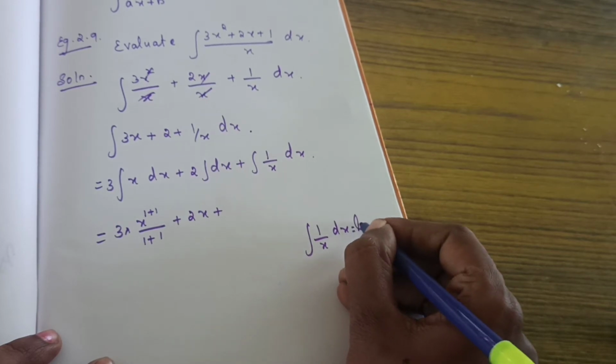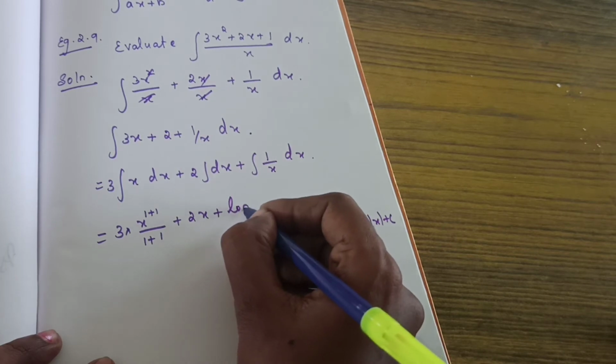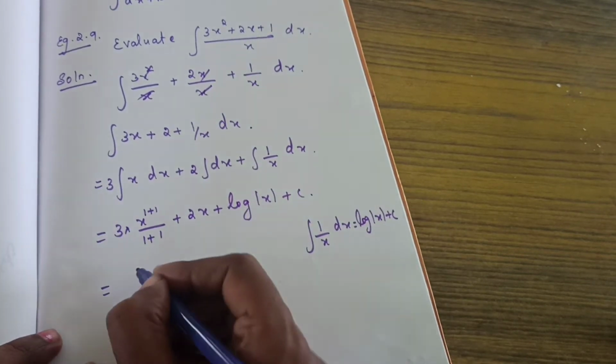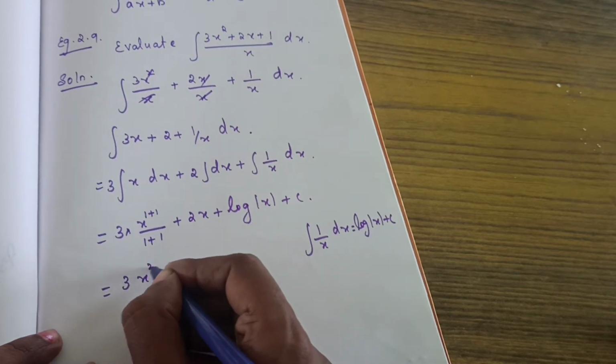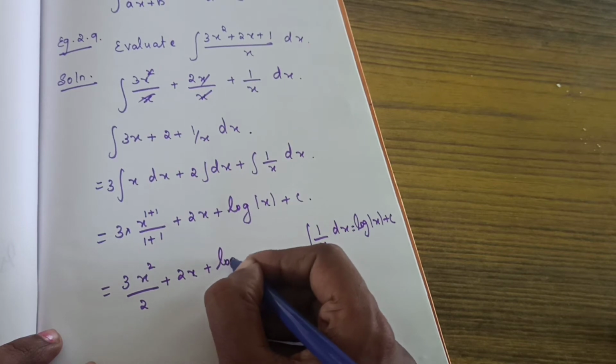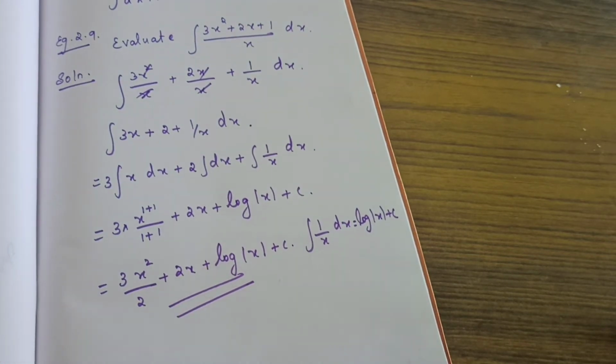Log of mod x plus c. We can use that formula. So that's equal to 3 into x square divided by 2 plus 2x plus log of mod x plus c. This is the answer. Have you got it?